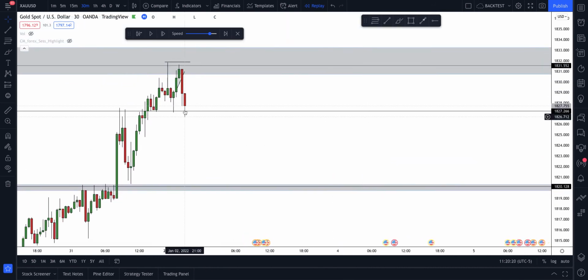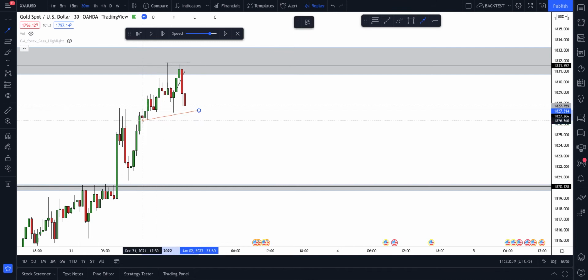Now for a sell, I have to see price breaking through this, closing under this zone, and starting some movement below this rejection, below the support.